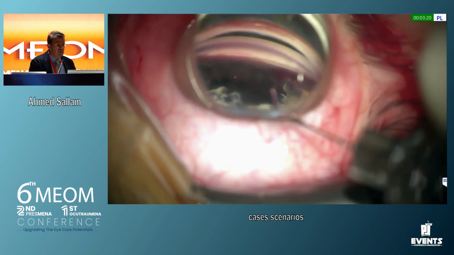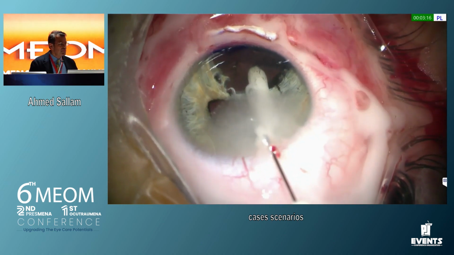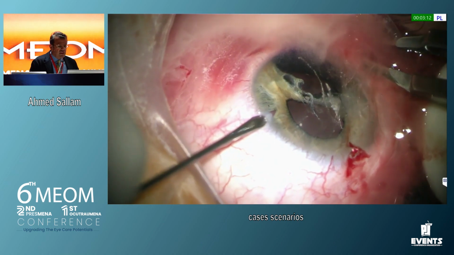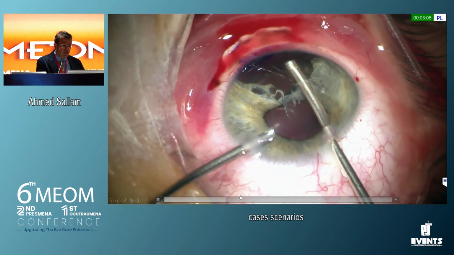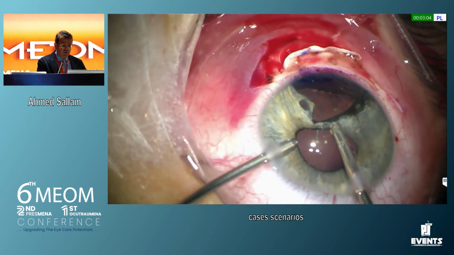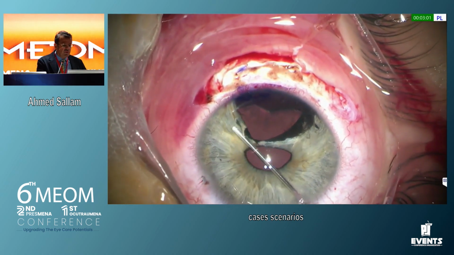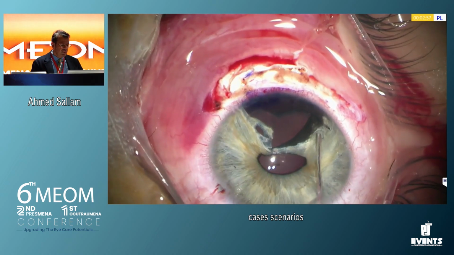We've made marks, and there was vitreous prolapsing, to complicate things further, so we did an anterior vitrectomy, and there's an area of zonular dialysis there. Now we're using viscoelastic to put the iris back, and the challenge now is to suture that without hitting the lens.